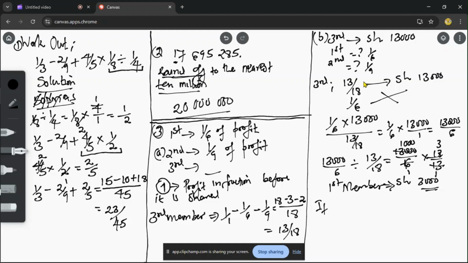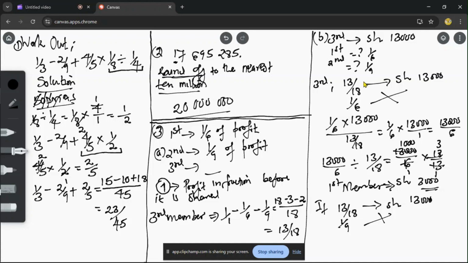If 13 all over 18 fraction is the same as shillings 13,000, if 13 is the same as that, what about the fraction of what the second member received, which is 1 all over 9? I'll come and say 1 all over 9. What about that one? And I do the same cross multiplication.